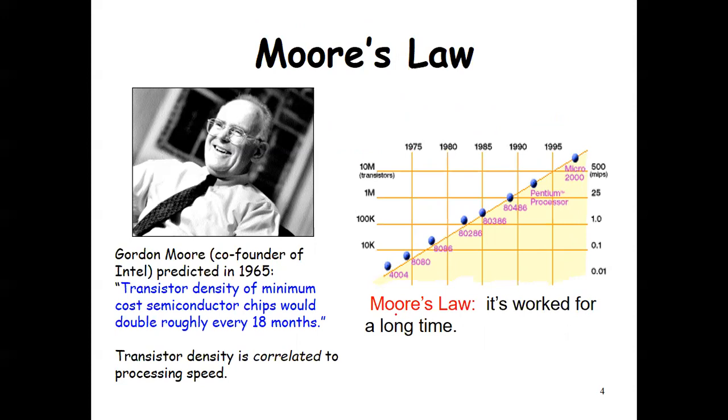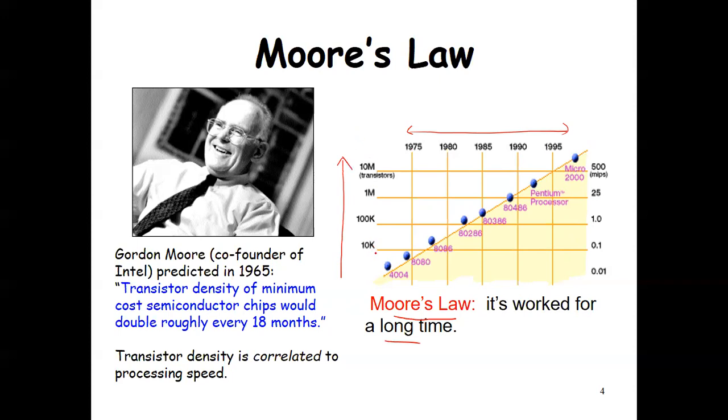Moore's law has worked fine for a long period of time, and that is captured in this graph. Here this is the year, 1975 to 1995, or say up to 2000, and this represents the number of transistors placed inside the IC.